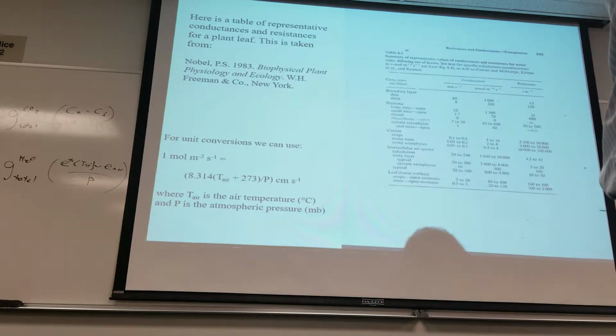Then the CO2 dissolves into the water in the cell wall, has to move across the membrane to where the chloroplast is, across that chloroplast membrane into the stroma of the chloroplast, and be dissolved in that fluid until it gets to where Rubisco is, where the action takes place, and that CO2 is fixed with RuBP. So there's an additional set of resistances or conductances in that pathway for CO2 moving in.